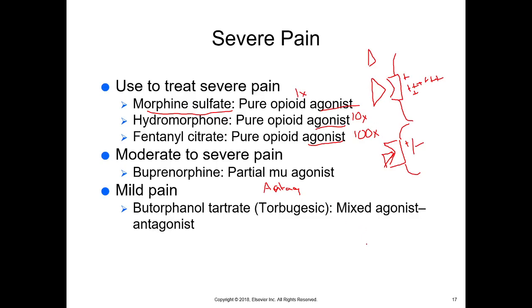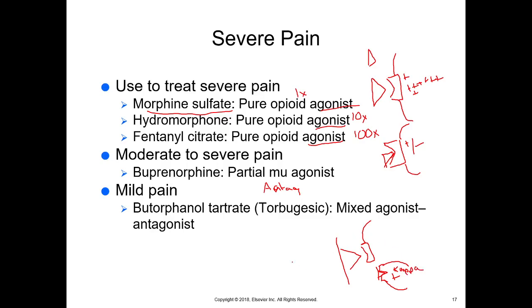This mixed agonist-antagonist has an effect on the mu receptors as an antagonist, so it will come in shaped like this. But the kappa receptors look a little bit different. They might look more like this. Kappa receptors are not as effective, so this one will fit in a little bit better and create the kappa response, which is a little bit less than the mu response.